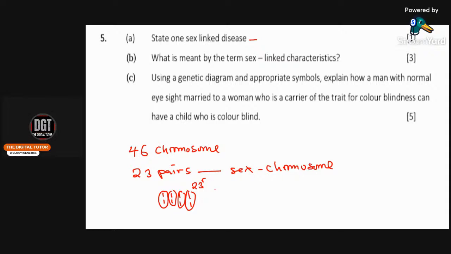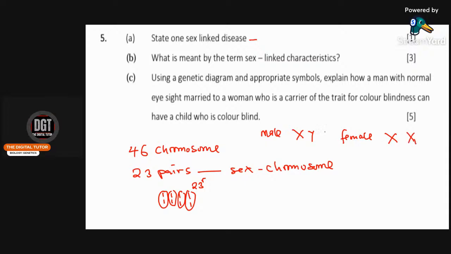In humans, the sex chromosomes for a male are X and Y, of which the X chromosome is longer than the Y because the X has a lot more genes. For a female, it is XX.